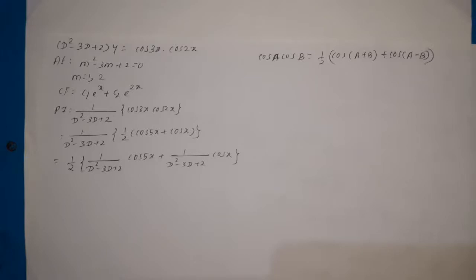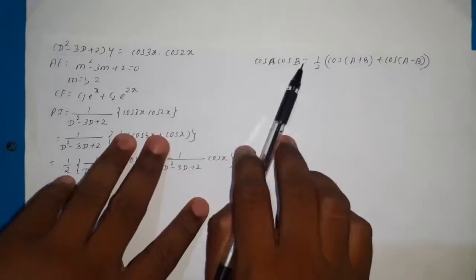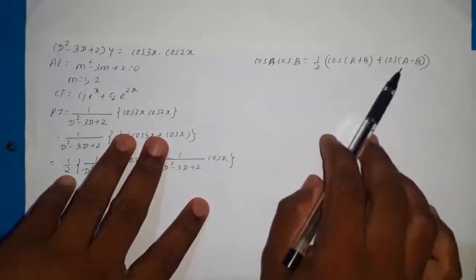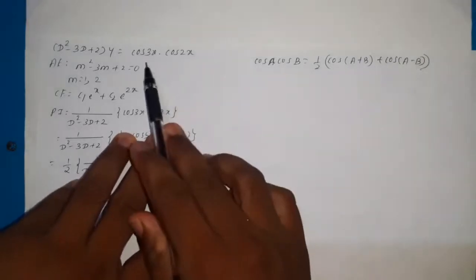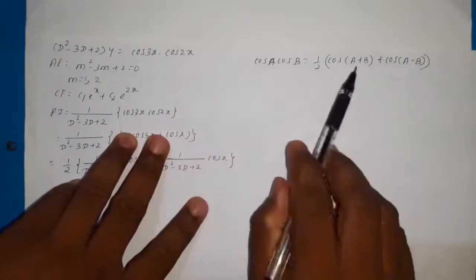So by using the trigonometric identities, we know the cos A cos B formula. So here it is the formula, cos A cos B is equal to 1 by 2 cos of A plus B plus cos of A minus B, right. So here capital A is equal to 3x and B equal to 2x, substitute these two in this formula.